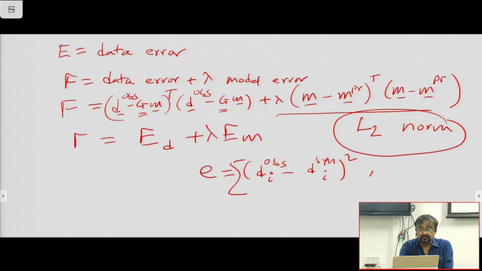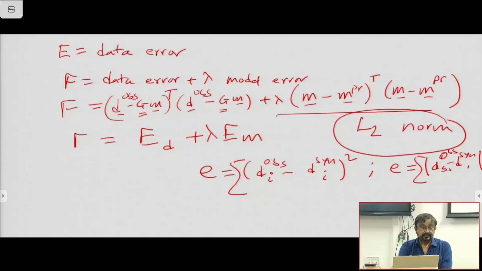And what is your L1 norm? It is the absolute value of D observed minus D synthetic i. Okay, so how did we compute the least square solution?